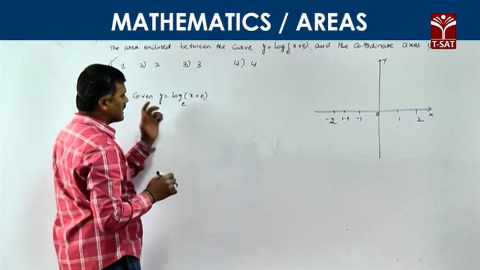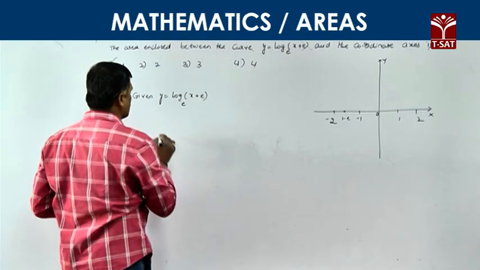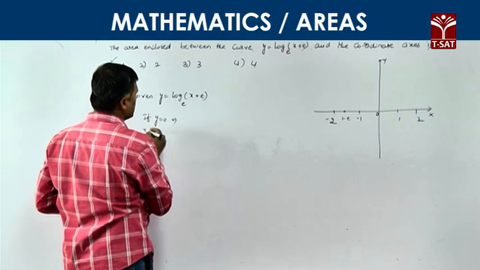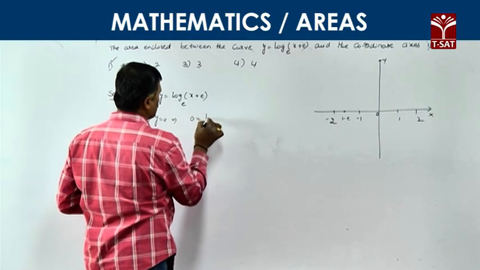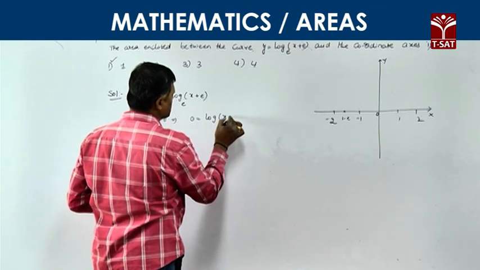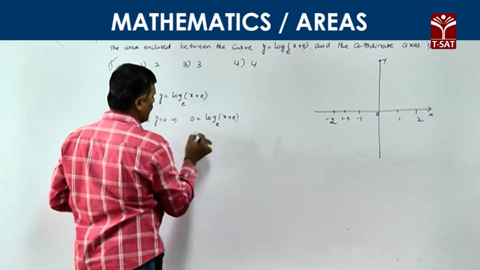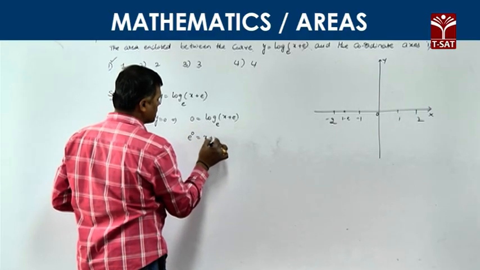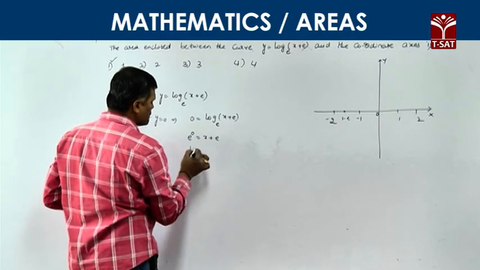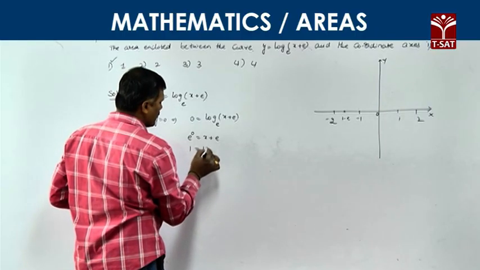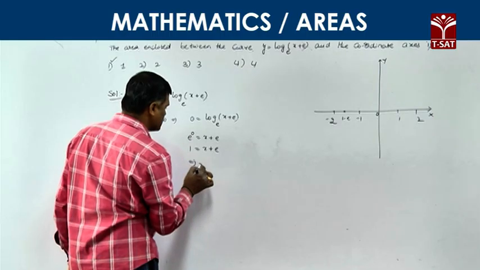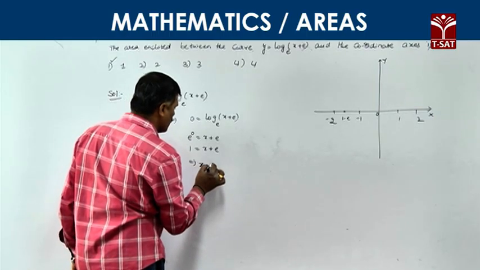If the curve meets the x axis, y is equal to 0, so 0 is equal to log of x plus e to the base e. By the definition of logarithm, e power 0 is equal to x plus e. E power 0 equal to 1 is equal to x plus e, that implies x is equal to 1 minus e.